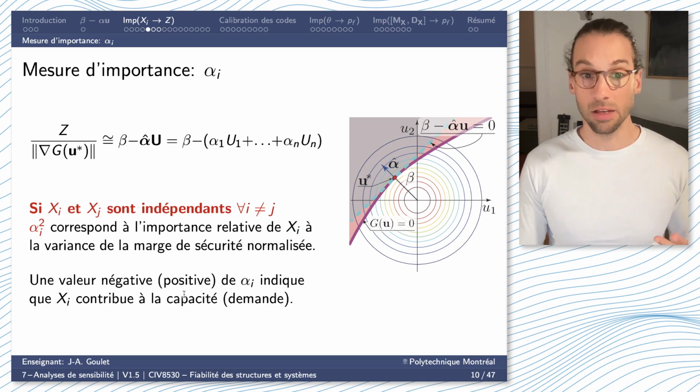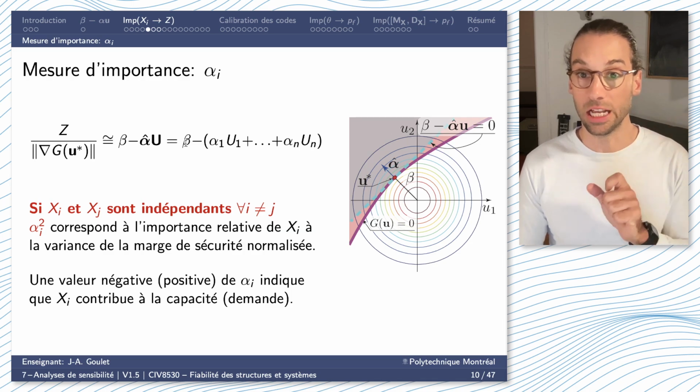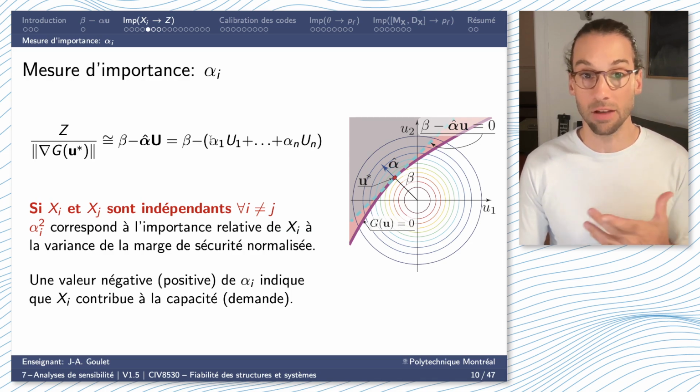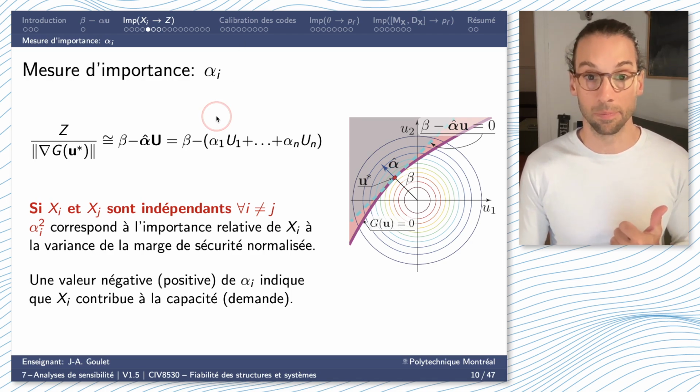If it's positive, it contributes to the demand. How is that? If alpha is negative and we increase u, we're going to move away from the negative domain. And the opposite: if alpha is positive, since we have the negative sign here, if I increase u, I'm going to get closer to going into my negative domain.